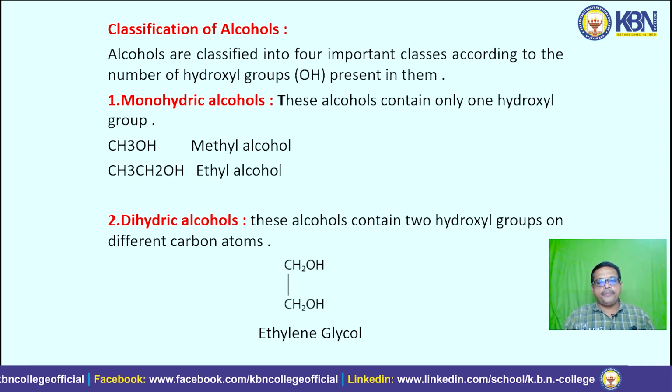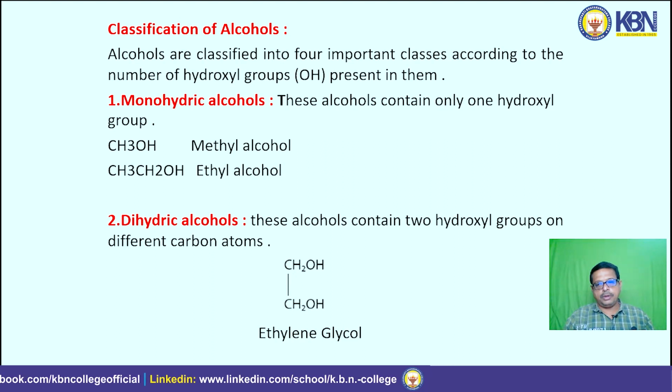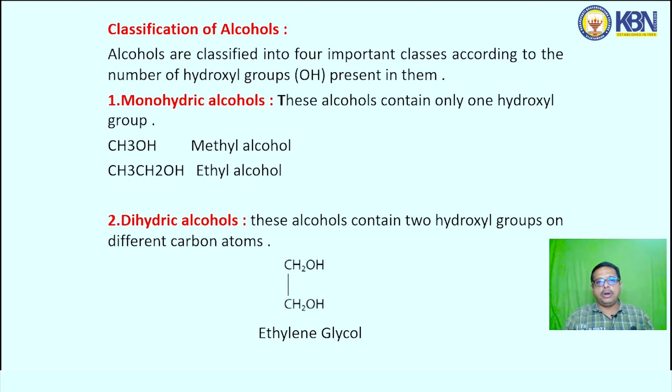The next one, classification of alcohols. Usually, alcohols are classified into four important classes according to the number of OH groups or hydroxyl groups present in the compounds.